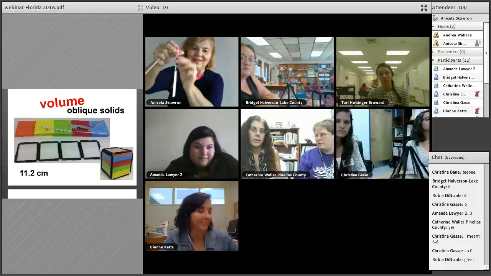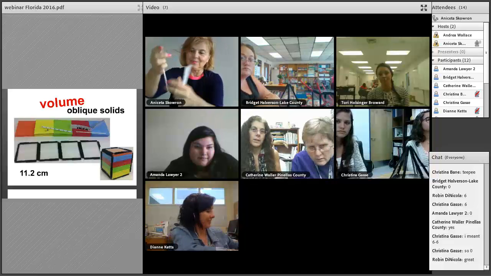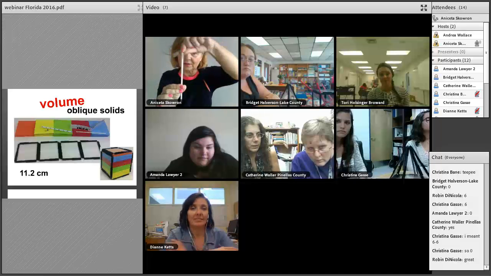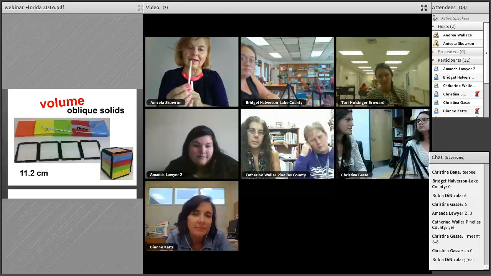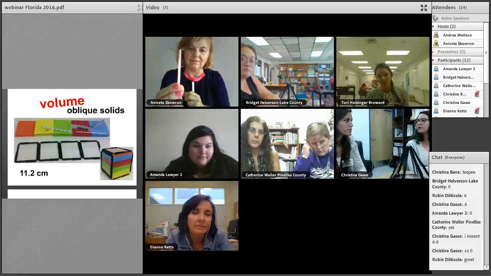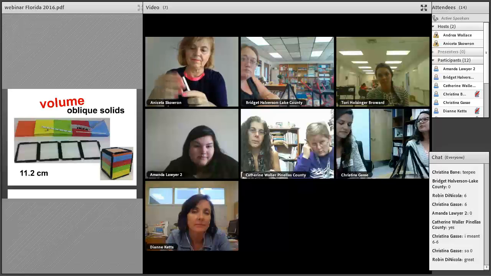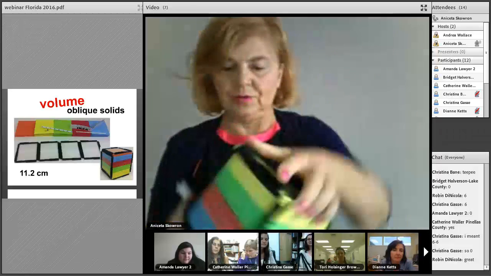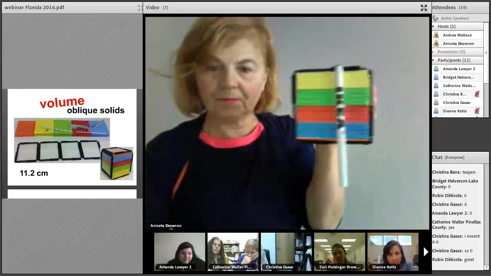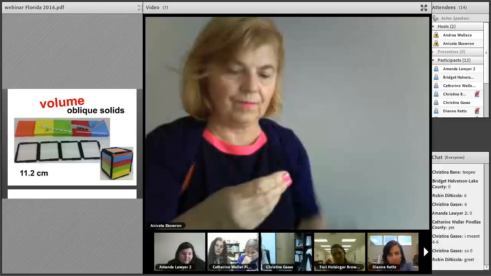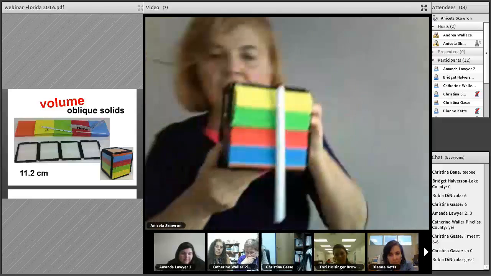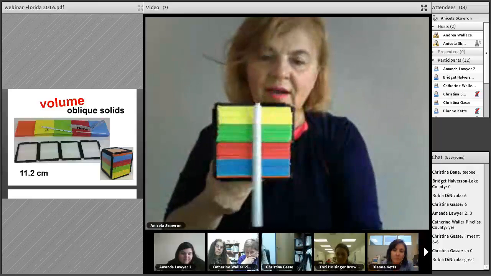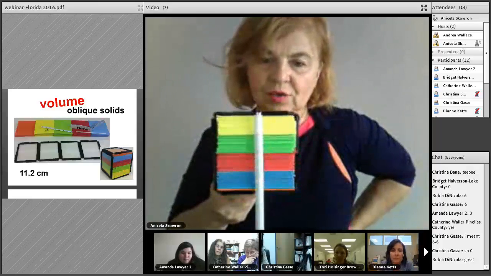I just made a little tube out of it. Then I have my old good paper clip and straw. So I put the paper clip in and I bend it like this. Can you see? And I shove it in. And now I put it like this here. Like this. So this measures the height of this cube, right?